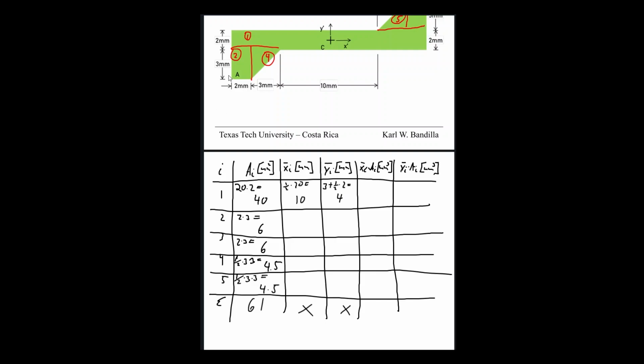For the rectangle here, I just go 1/2 of 2, which is equal to 1, and the y direction would be 1/2 times 3, that is equal to 1.5.